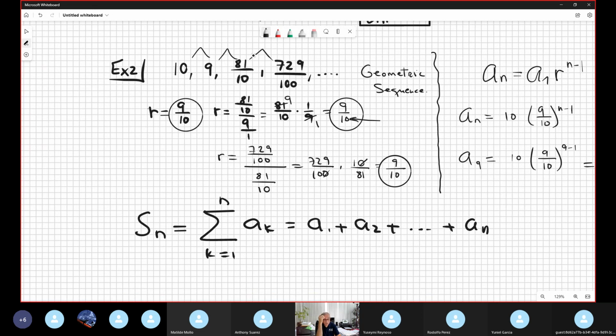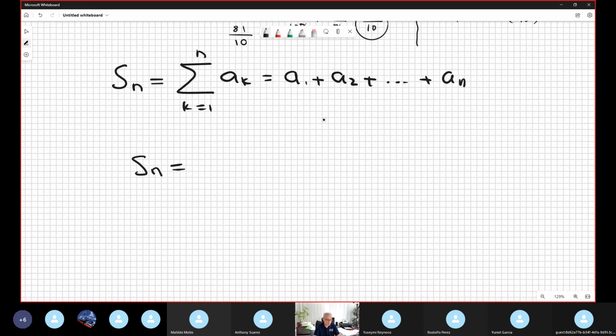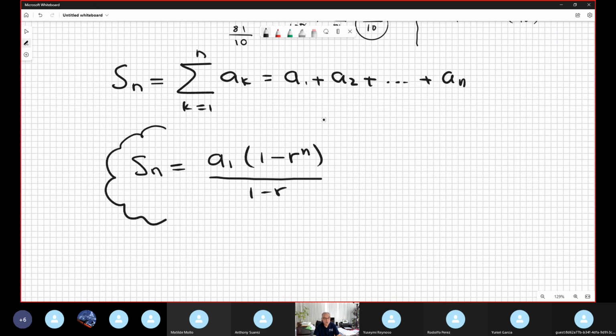So the formula for the geometric sequence: the summation A sub m is equal to A sub 1 times parenthesis 1 minus r to the n power divided by 1 minus r. This is the most important formula for the summation in the geometric sequence.